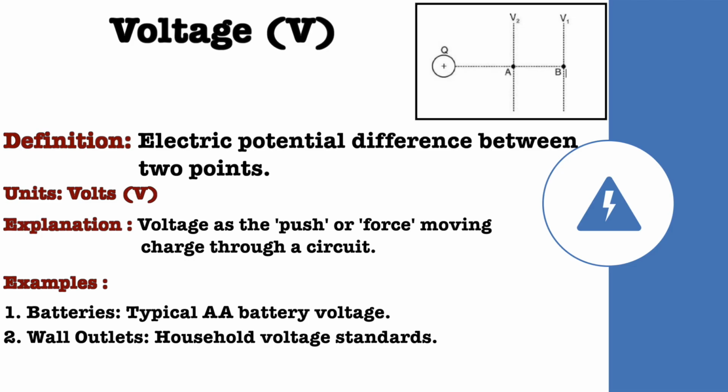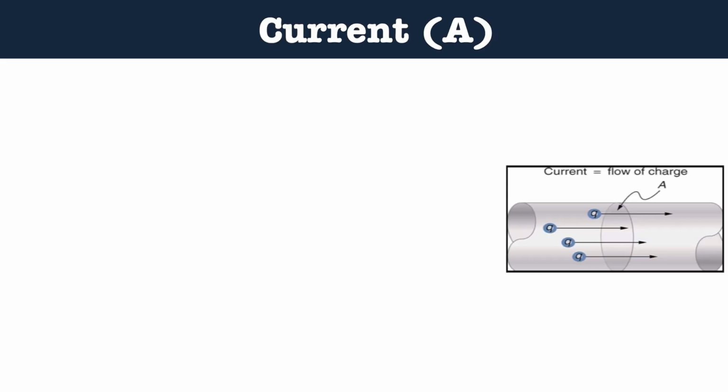This higher voltage allows larger appliances like refrigerators and washing machines to operate. Lightning is a natural example of an extremely high voltage discharge due to the buildup of charge in clouds. Now let us talk about another fundamental concept in electricity, that is current.